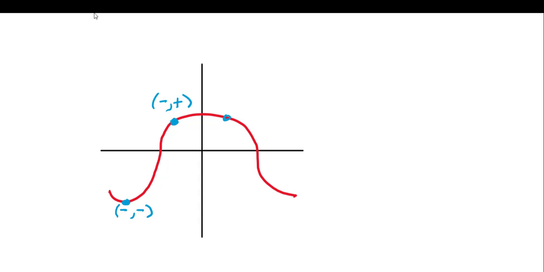In other words, a pair of values that are either negative or positive, maybe both positive, maybe both negative, or a combination of negative and positive. Remember that the first component on the left side of the ordered pair corresponds to the horizontal value that it lines up with, and the second component of the ordered pair corresponds to the vertical value that it lines up with.